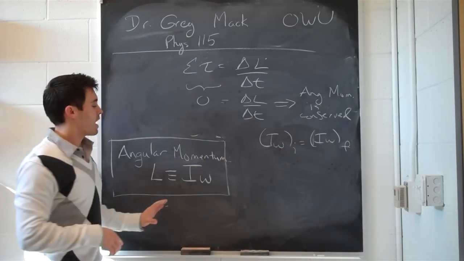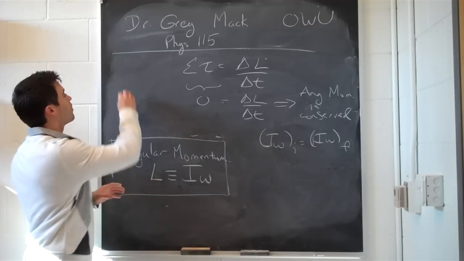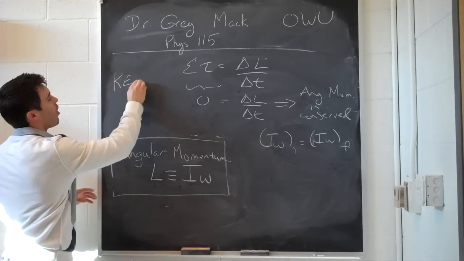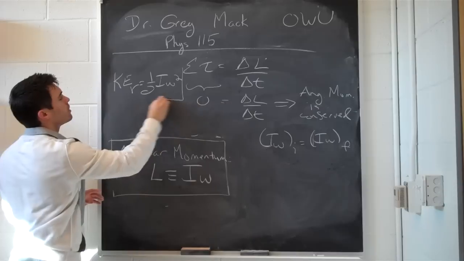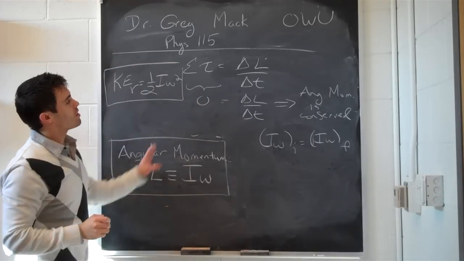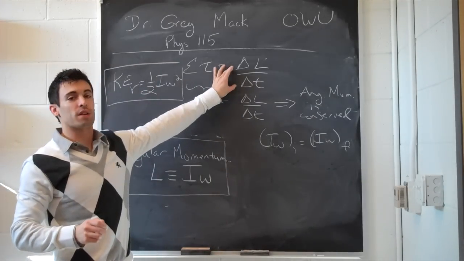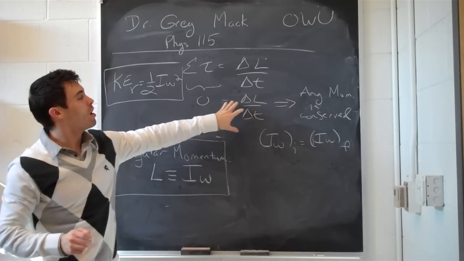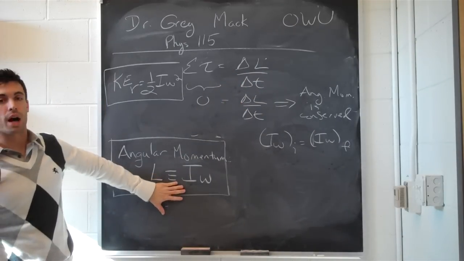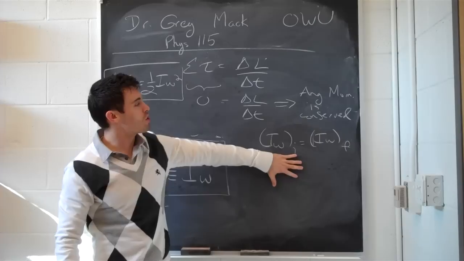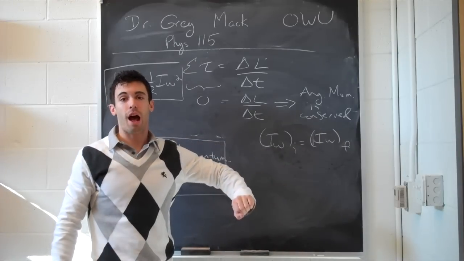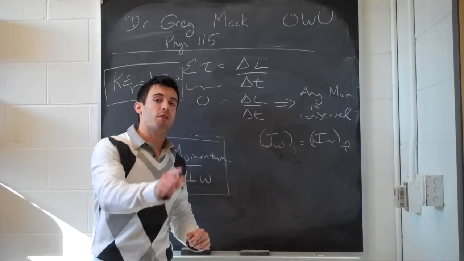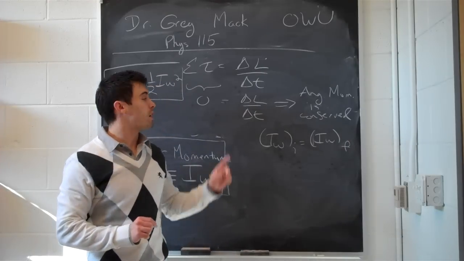So we can characterize now the rotational kinetic energy, where again KE(R) is equal to 1/2 I omega squared, and the sum of our torques is equal to delta L over delta T, meaning our angular momentum L equals I omega, and now our conservation of angular momentum, meaning that I omega before is equal to I omega after if you don't have an external net torque.